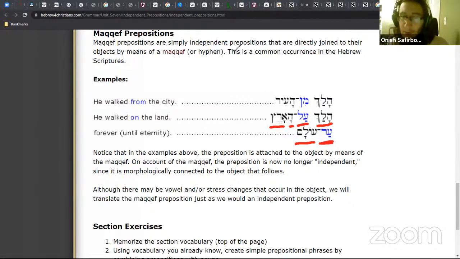And there's some debate about whether it's proper to translate it as forever, but we can talk about that a different time.